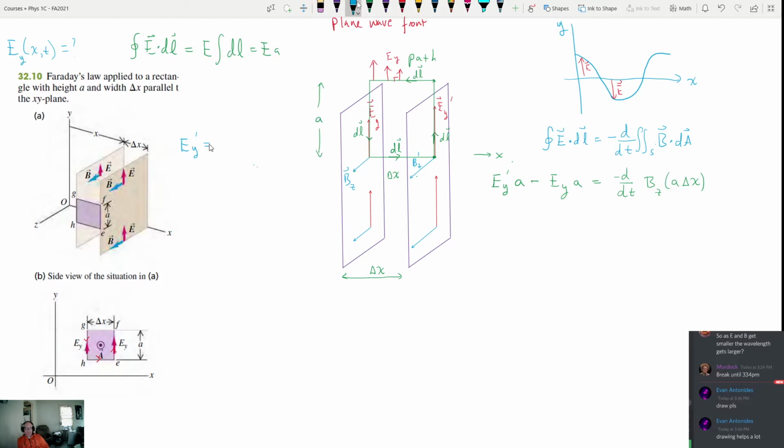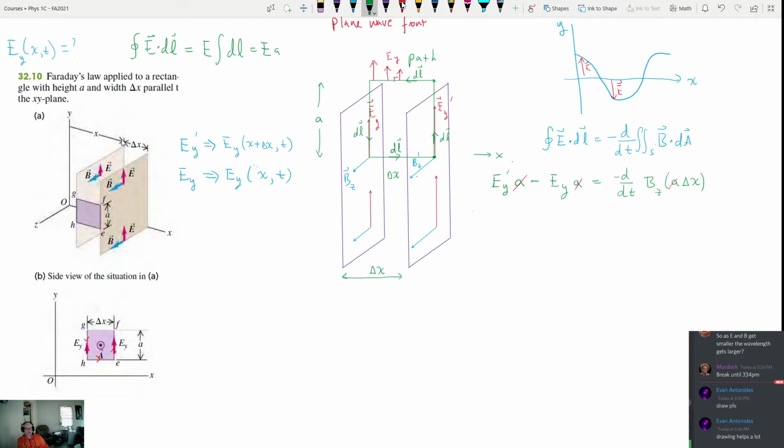So EY prime, we're going to write as EY evaluated at x plus delta x, comma t. And what we had as EY before is going to be the value of EY at x, comma t. So the left-hand side of my equation now, acknowledging that these A's all cancel, is going to become the value of EY at the location x plus delta x.